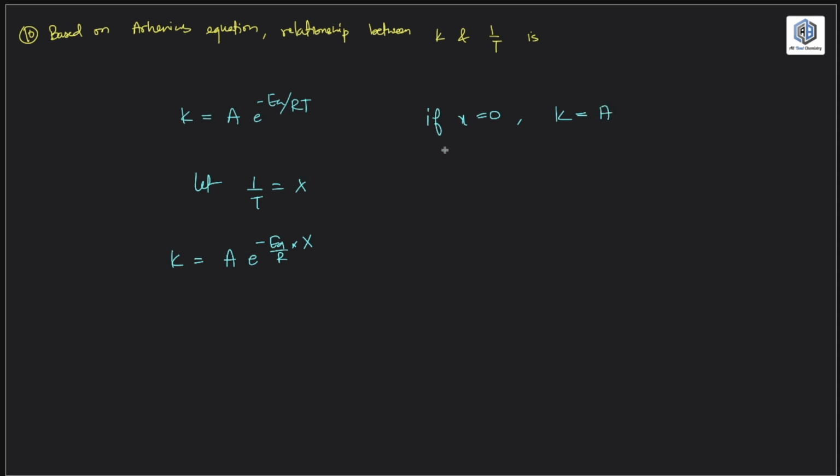And if x is infinite, in that case the value of k is going to become A e to the power minus infinity, and the value of e to the power minus infinity is 0. So this term is going to become 0, 0 multiplied by anything is 0, so k will be 0.